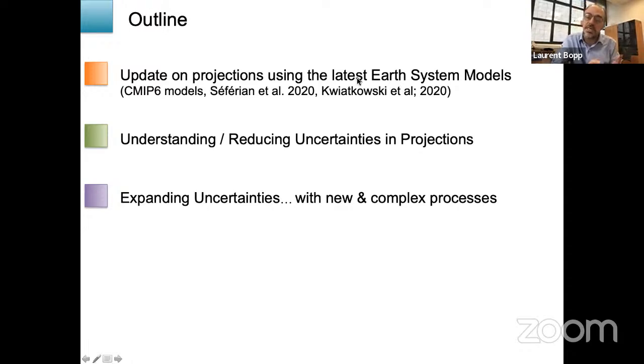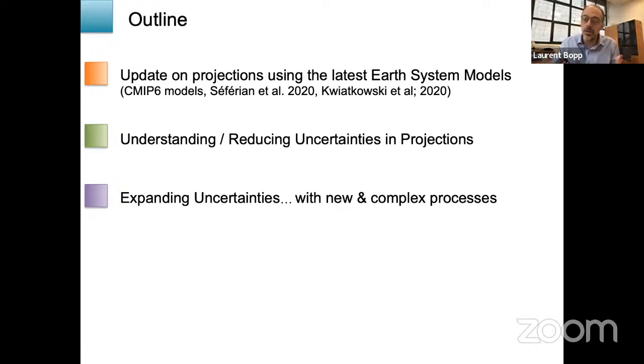So basically coming back on what we find in the latest IPCC reports. How did those projections of warming, acidification, deoxygenation, and decline of NPP evolve in the latest generation of climate models? Then I will briefly discuss the uncertainties in those projections.